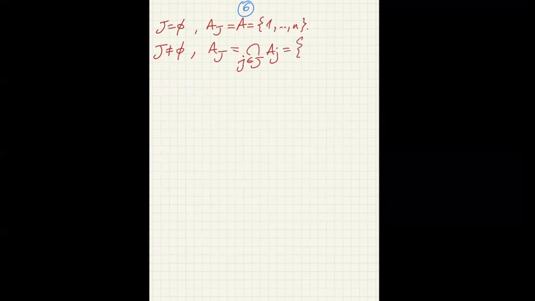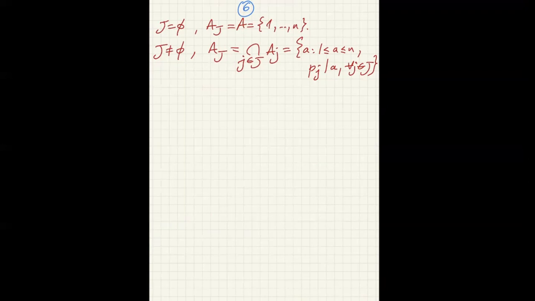This would be the set of all numbers between 1 and n such that Pj divides A for every j in J. And here we'll use this important property that the primes are distinct, and this fact from number theory that an integer is divisible by distinct primes if and only if it's divisible by the product of those primes.